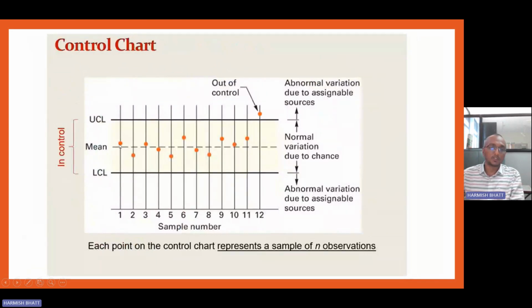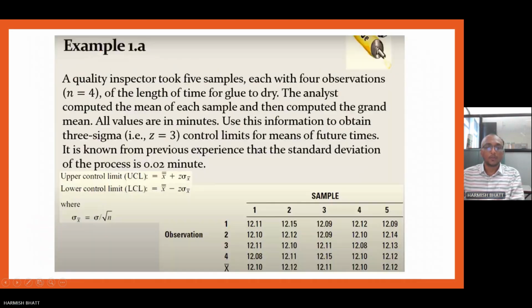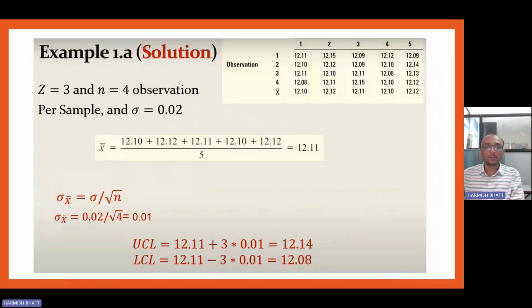So the first value is 12.11, so it has been plotted somewhere over here. Then likewise, all the points will be plotted and it will be checked whether any point or any mean value or any x bar value crosses the UCL or the LCL.